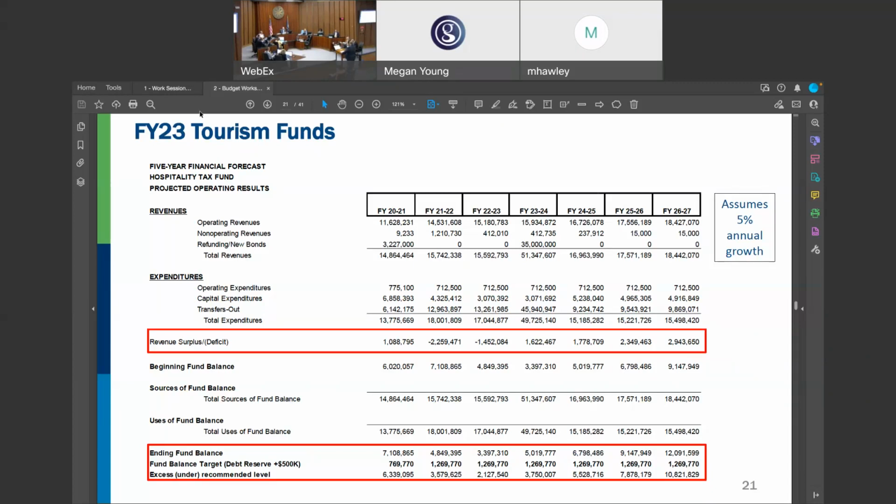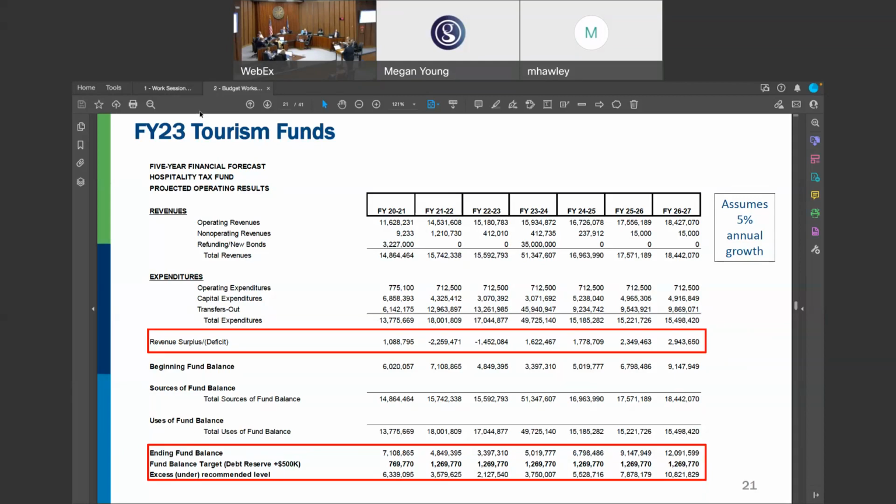If you look at FY23 for hospitality tax, you see 15.6 million in revenues, 17 million in expenses. That means we're going to consume about $1.5 million of fund balance. We started the year with around 4.9 million, and so we're going to end the year at about 3.4 million. To that, we're going to reserve 500,000 plus the debt service reserve, leaving the unassigned fund balance of around 2 million. And I'll pause there on H-tax.